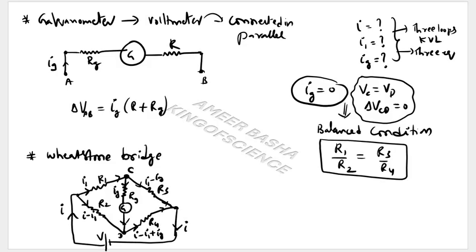Like the Wheatstone bridge, there is another thing known as the meter bridge. In the meter bridge, there are two L-shaped strips with some gap between them.